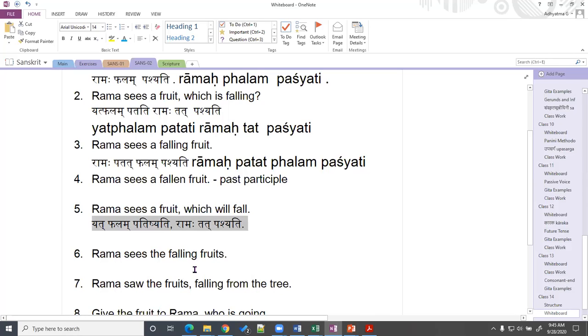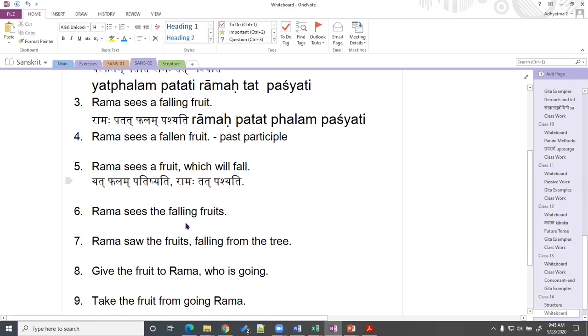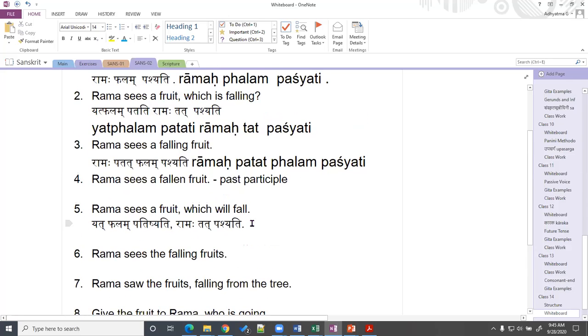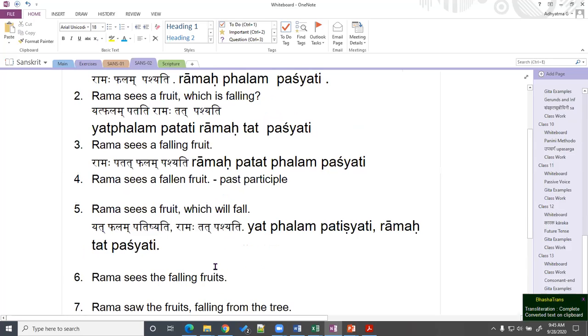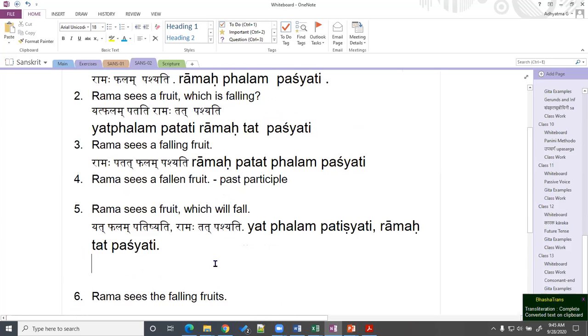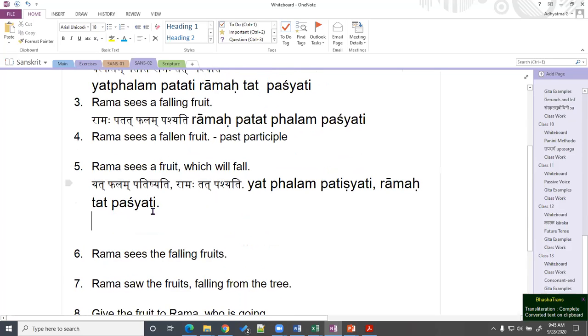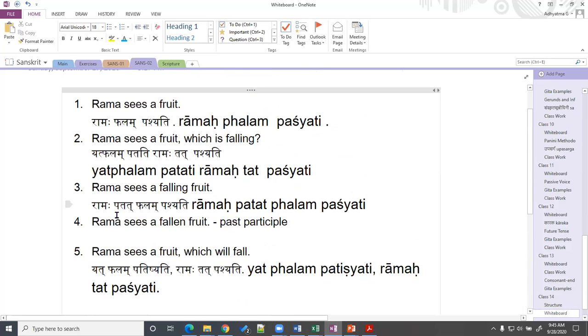But now, if I make the same sentence as a participle sentence, how will I make it? Exactly the same way as I made the present sentence.